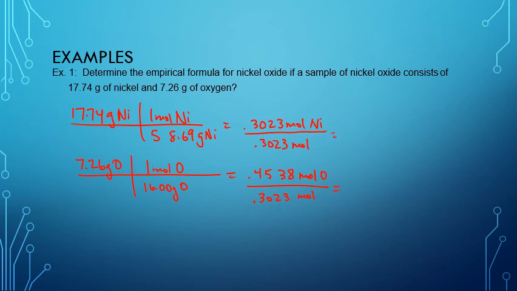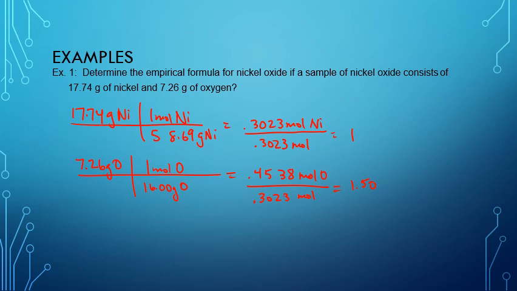And when I do that, obviously this would be a 1, and this would now be 1.50. Okay, so hopefully you can see now I need to keep this 1 to 1.5 ratio the same.